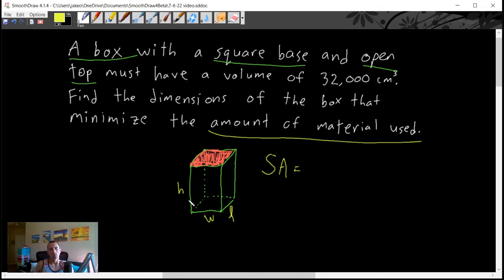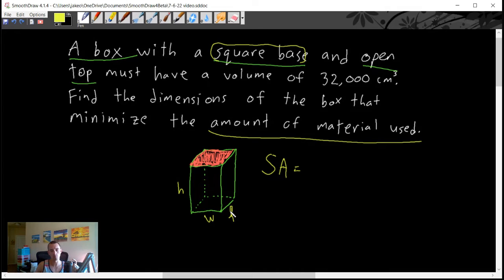However, there's one other key piece that this problem told us that we can use to simplify this. If we were to go straight to surface area using length, width, and height, we end up with a 3-variable equation. However, notice it says right here, we have a square base. What does that mean? That means that the length and the width are going to be equal. In order to have a square base, we need this side right here and this side right here to be the same length. That is going to create a square on the bottom.